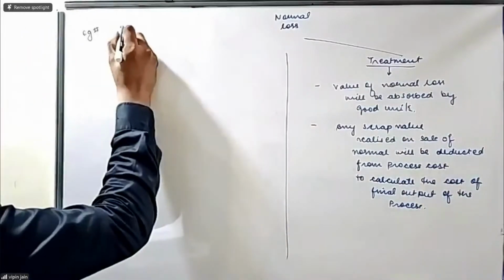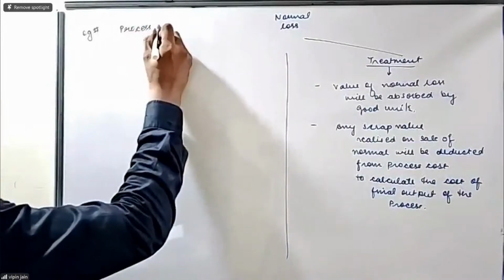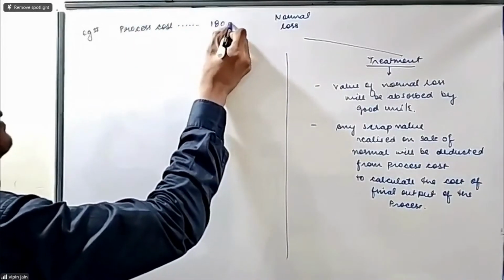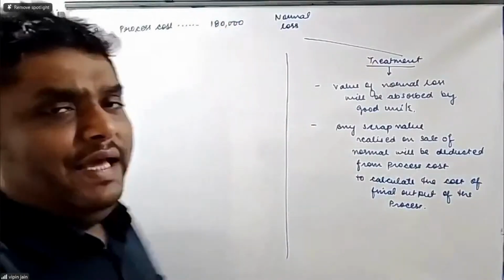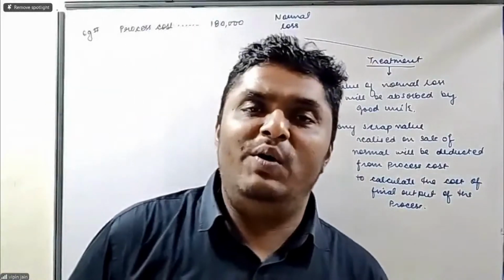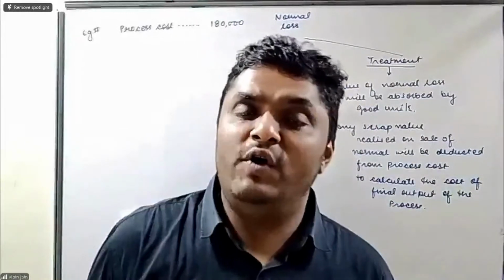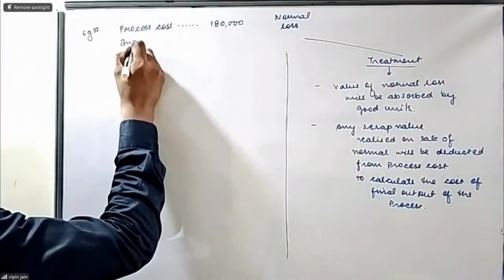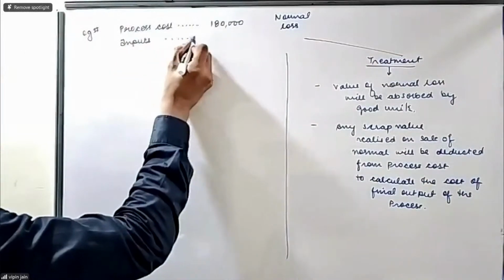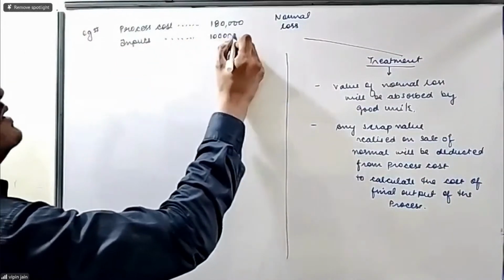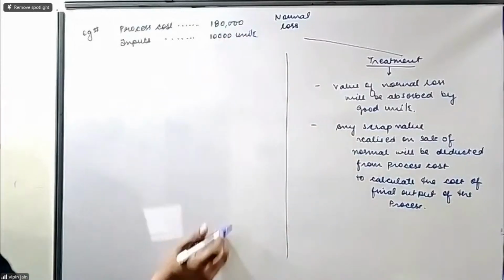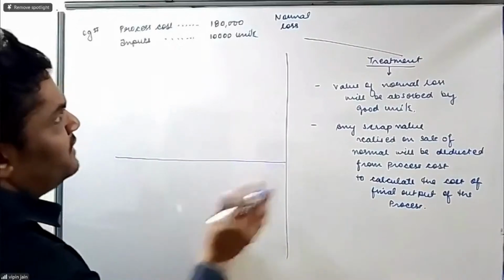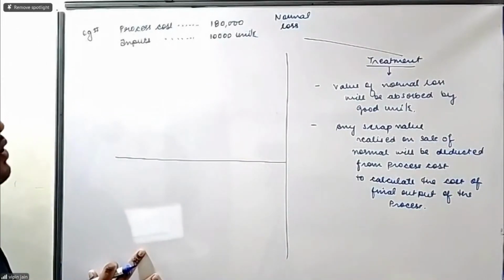Let's say my process cost is 1,80,000. Let's say after adding material, labor, all the direct expenses, indirect expenses, I have got the total process cost that is 1,80,000. And my inputs were 10,000 units. So what will be my cost per unit?